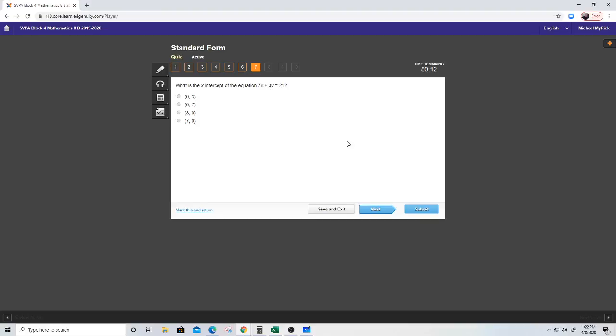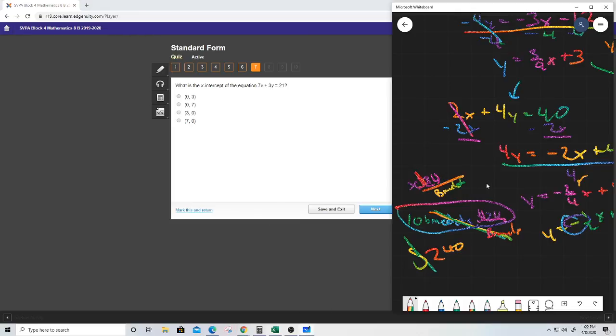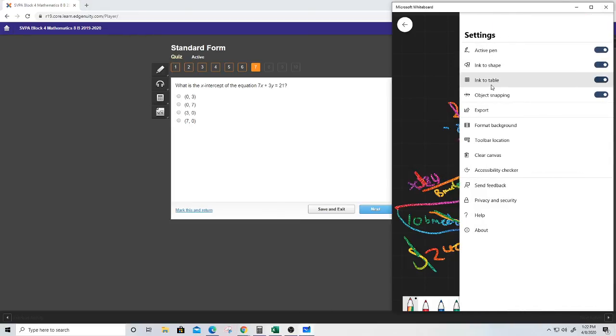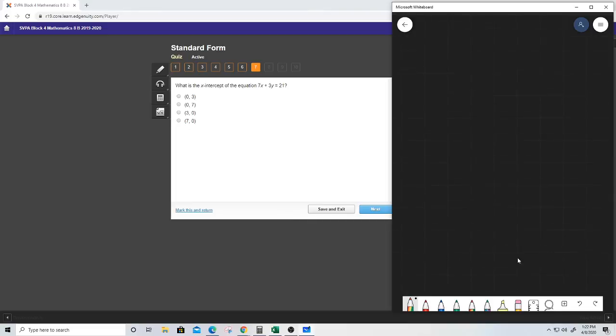Woo! What is the x-intercept of the equation? What a wonderful job. We did this, remember? If we're looking for the x-intercept, you just set the y to 0. So if you're looking for the x-intercept, you set the y to 0.